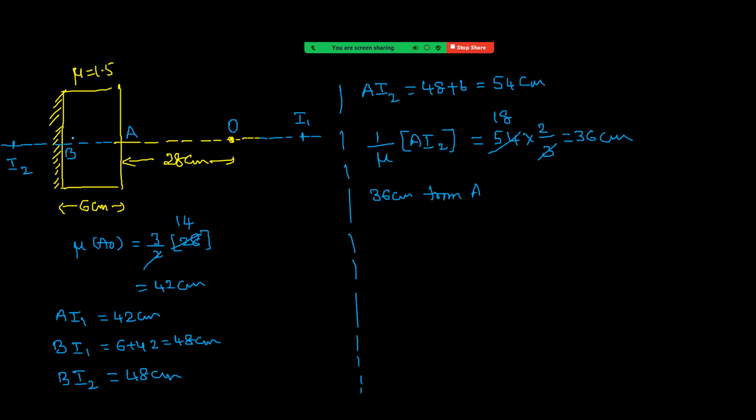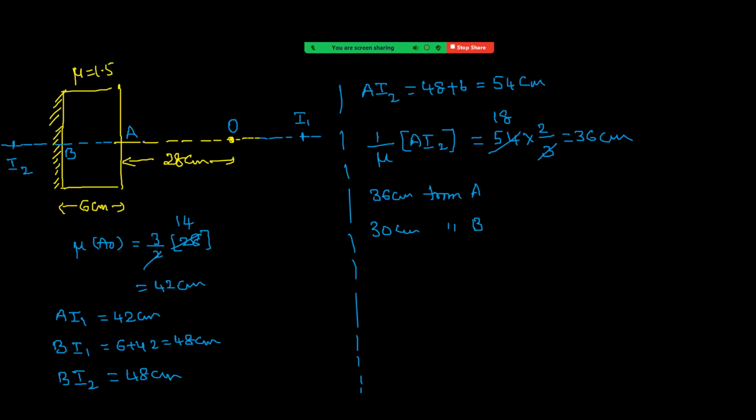It is to the left of A, means it is behind the mirror. If you ask from B, it is 30 centimeter from B. It is behind the mirror. Behind the mirror means it is virtual, right? So this is the location of the final image.